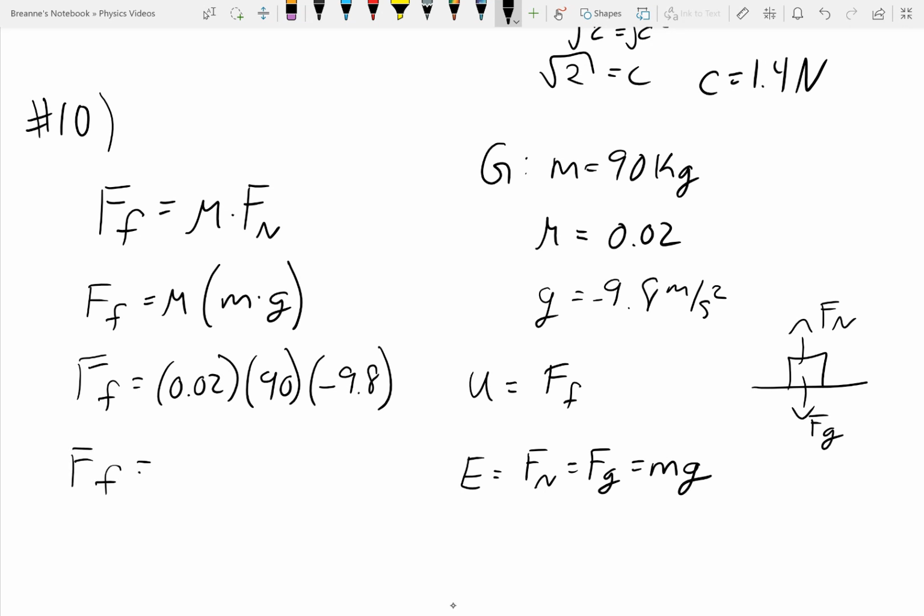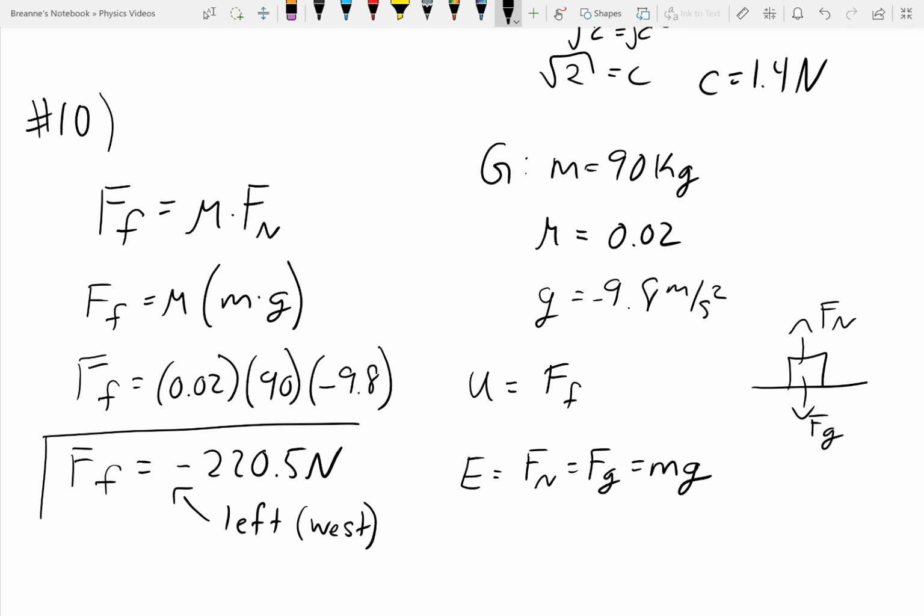So therefore, the friction of the object is negative 220.5 newtons. Remember, the negative just means which direction it's going, so that's just telling you it's going to the left, or in this case, west. Because it said he's going east, so therefore he's going west. And that is our answer.